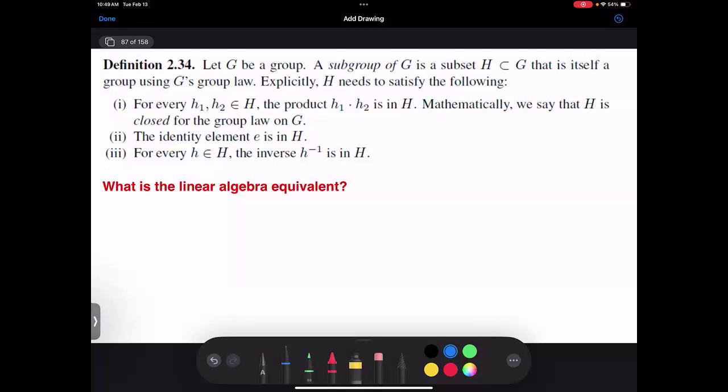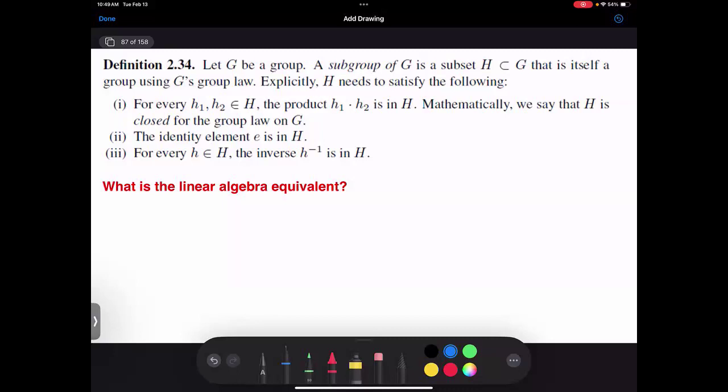If H is a subset of G, we use the group law of G, and we want H to satisfy 3 properties. The first is closure: if I give you 2 elements in H, their product is in H. The second one is the identity element is in H. And then the last one is that for every h in H, the inverse is in H. Now, if you remember, there were 4 properties of a group.